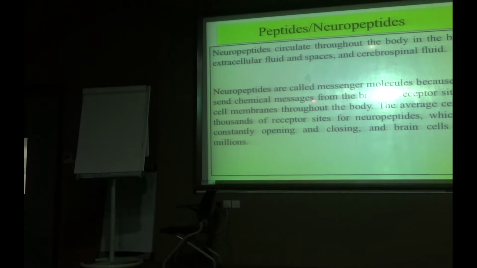The chemical messages go from the brain to the receptor site, then to the cell membrane and throughout the body. The average cell has thousands of receptor sites for the neuropeptides, constantly opening and closing, and brain cells have millions of these receptors.